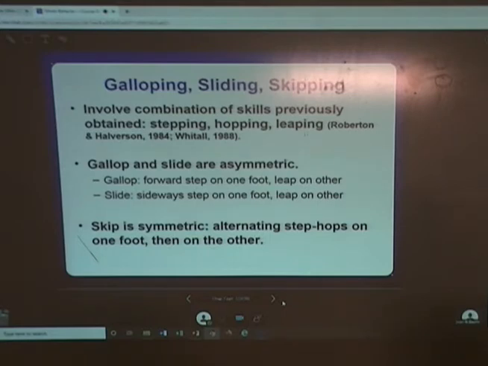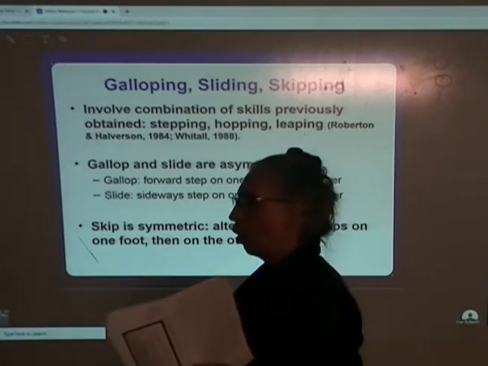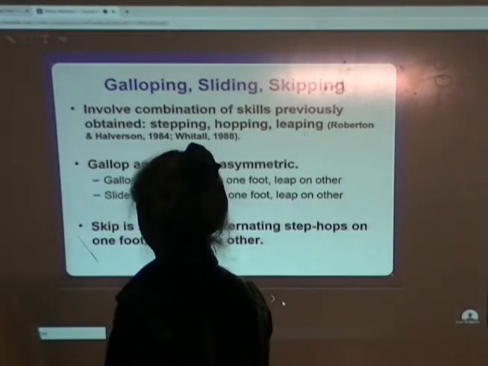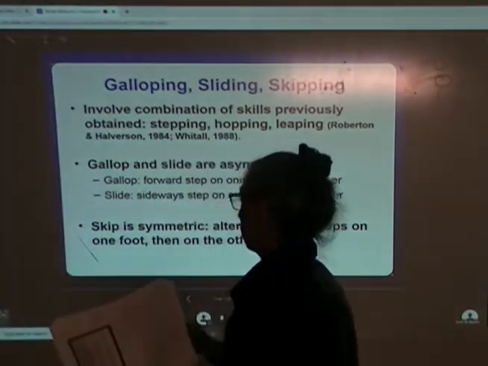I don't think they have any observation plans for these skills. So galloping, sliding, and skipping are the locomotor skills that we see later, because now we're combining skills to create a new movement pattern. We start to combine a step, a hop, and a leap to create galloping, sliding, and skipping.